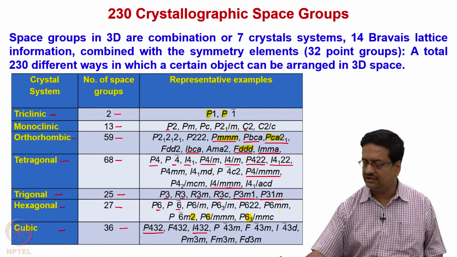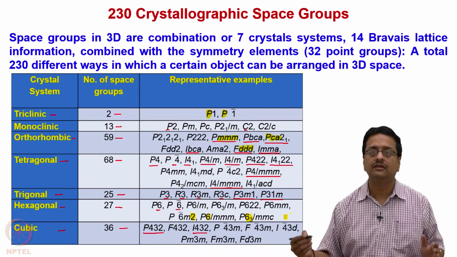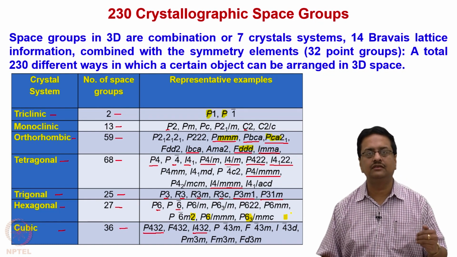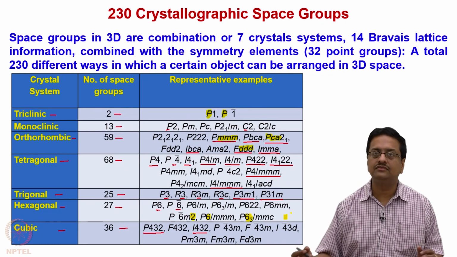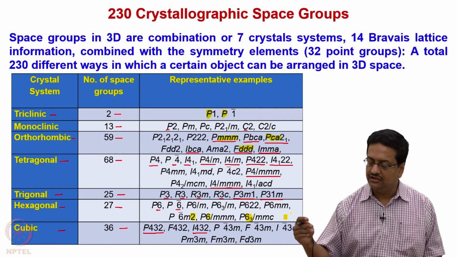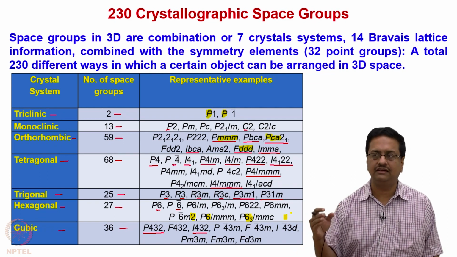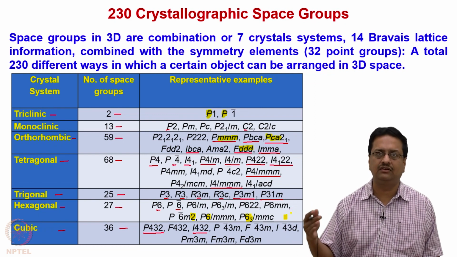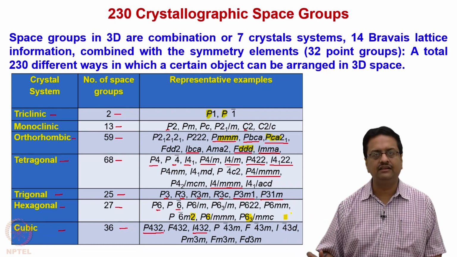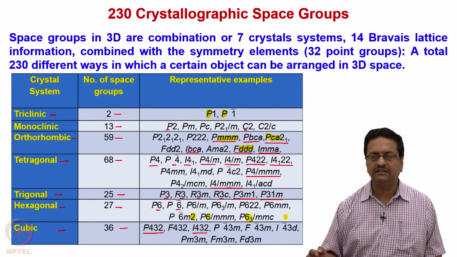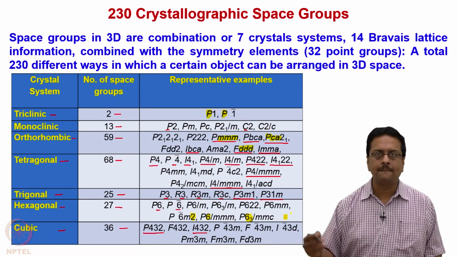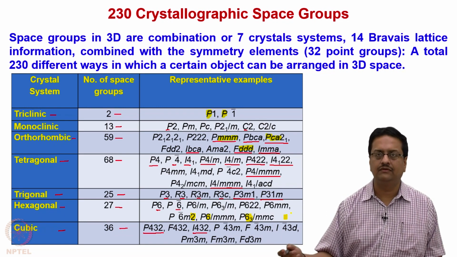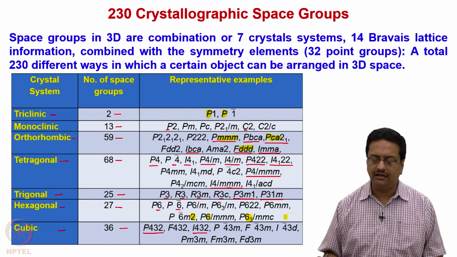So while representing these space groups in any document using Word or PowerPoint, one should use these notations. Wherever you have letters identifying the lattice centering or any symmetry element like mirror or glide, those letters are written in italics, and the numbers, that is the axes 2, 3, 4, 41, 21, 6, 63, whatever, are written in normal font.